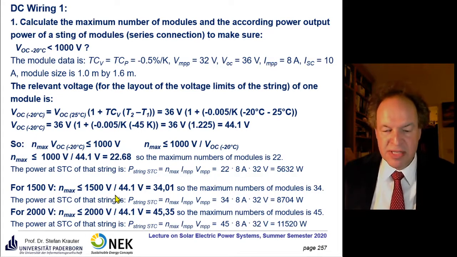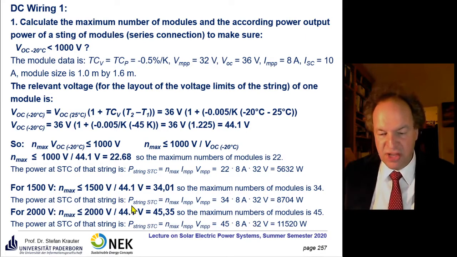If you would increase the voltage, we can put together more PV modules in a string. So it's 1500 volts divided by 44.1 volts. So we have 34 modules. That's quite convenient because it's very close to the maximum, so we don't lose here 0.68 modules. So we can really use 34 modules.